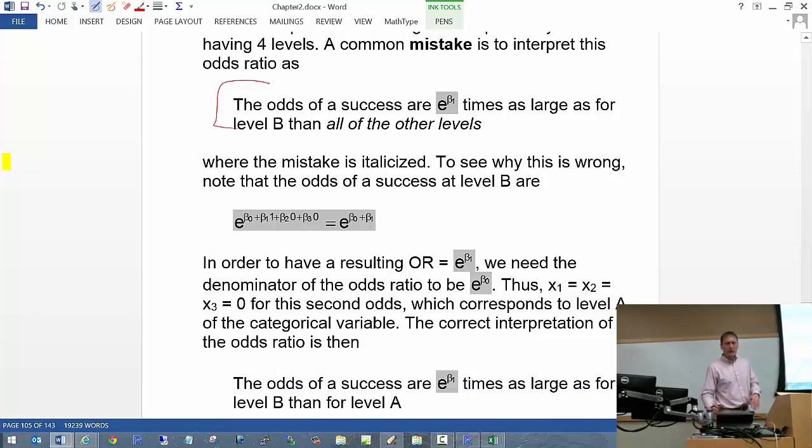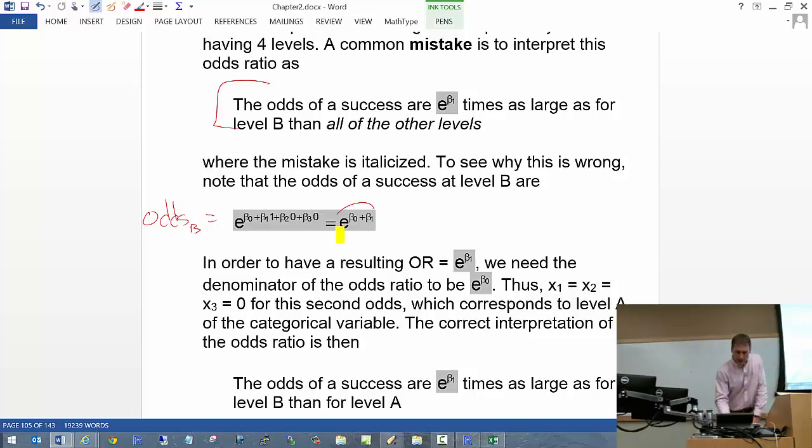Well, it goes back to basic principles of what an odds ratio is. So let's first calculate the odds of a success when you're at level B. Here's my model: e raised to the beta 0 plus beta 1 times 1 plus, and notice the other indicator variables are 0, so those betas fall out.